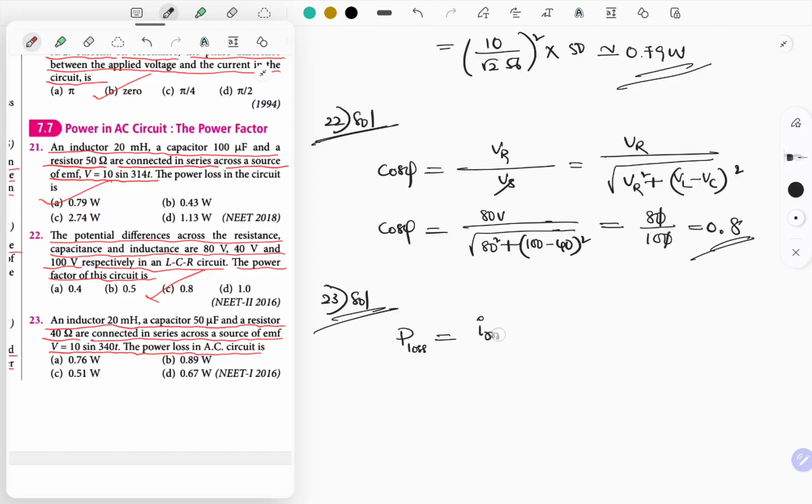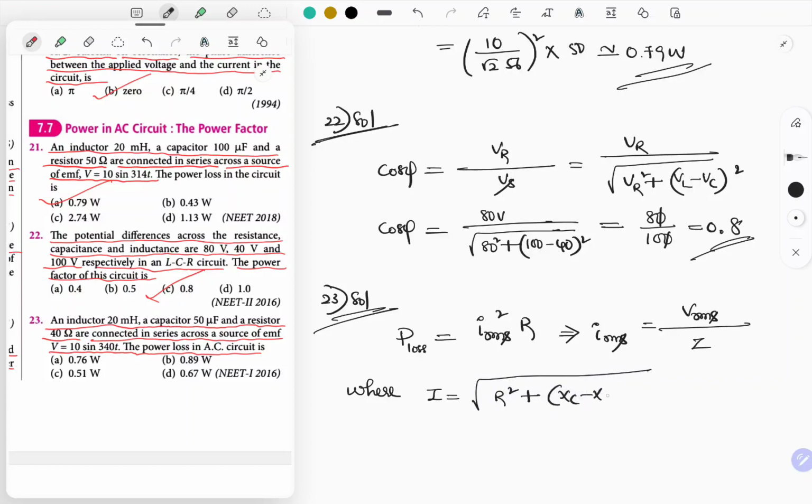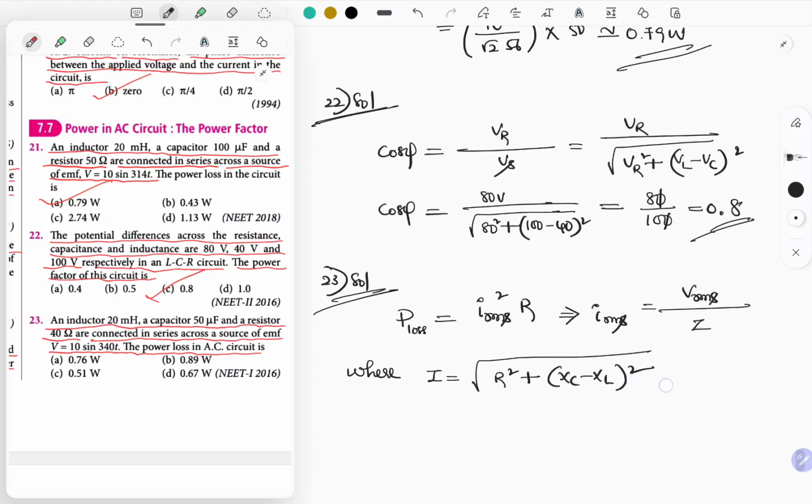So it's going to be I_RMS square R. I_RMS is V_rms divided by Z, where Z is root of R square plus (XC minus XL) whole square.